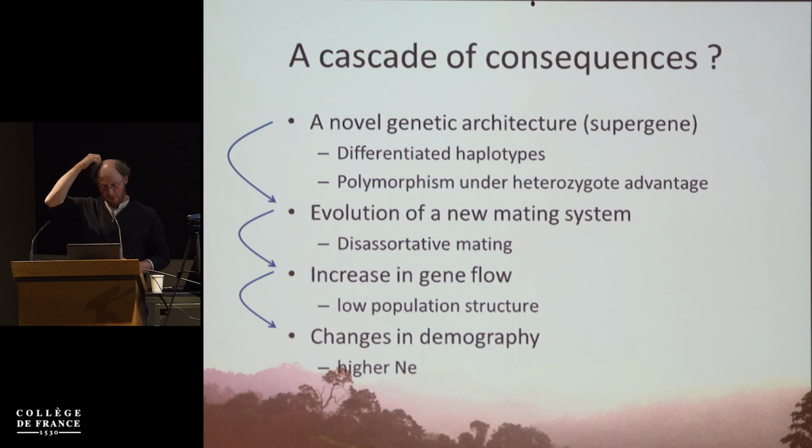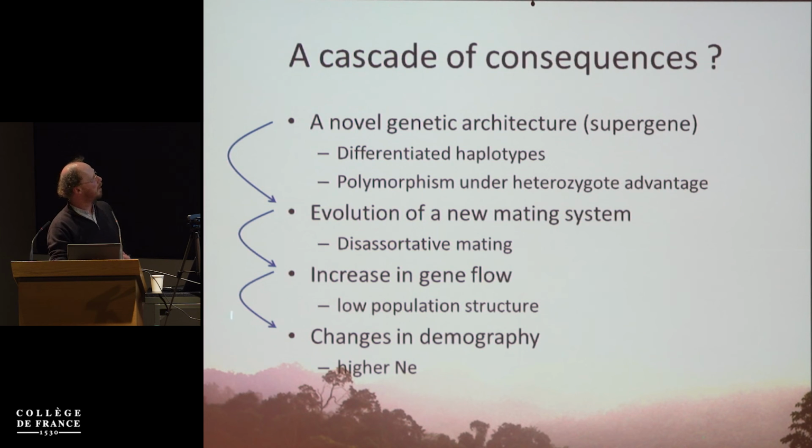So we see that as a cascade of consequences. I put a question mark here, because all of these different aspects of changes in the population biology could be somehow related with each other in a causal framework, like in a cascade of causality.